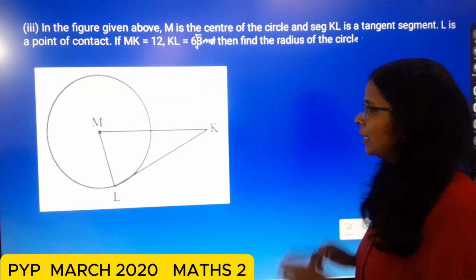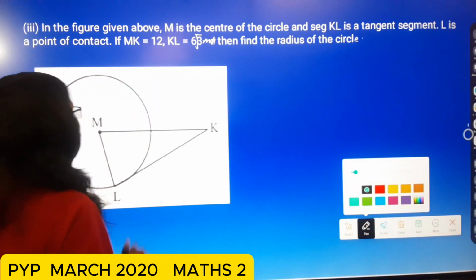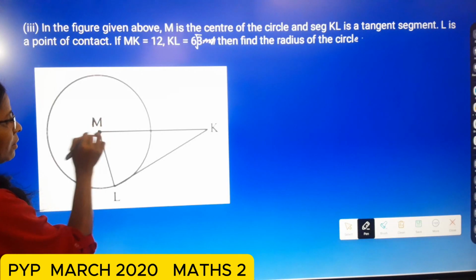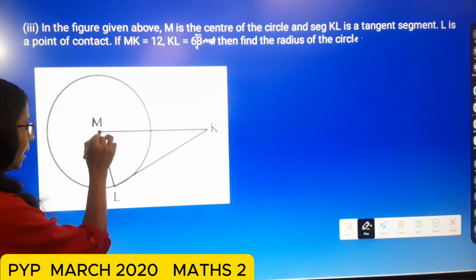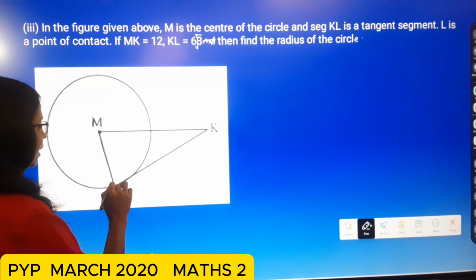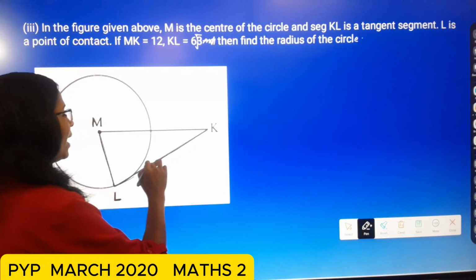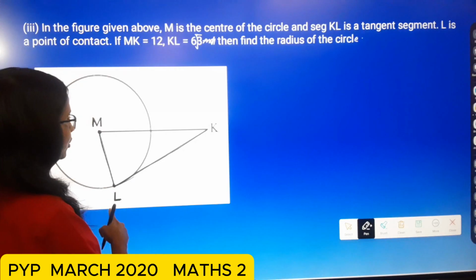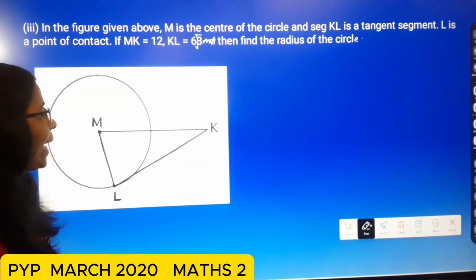Now here, students, if you observe the figure, then you clearly notice that there is a circle with center M. There is a radius ML, and there is a tangent from point L. That is, L is a point of contact, students, and we draw the tangent LK.